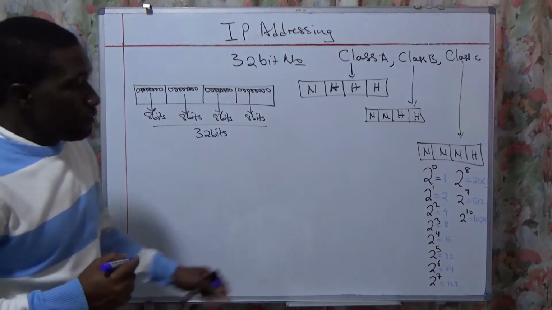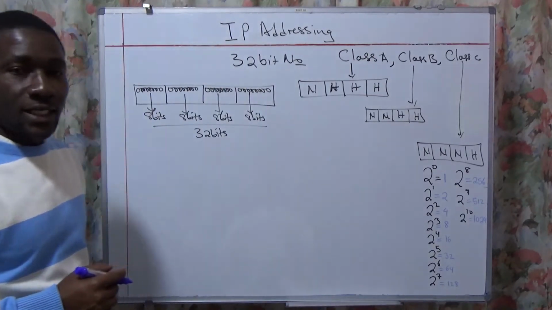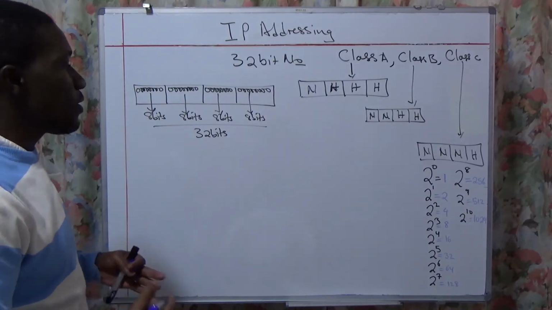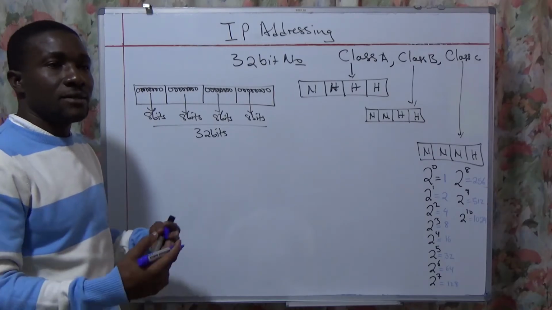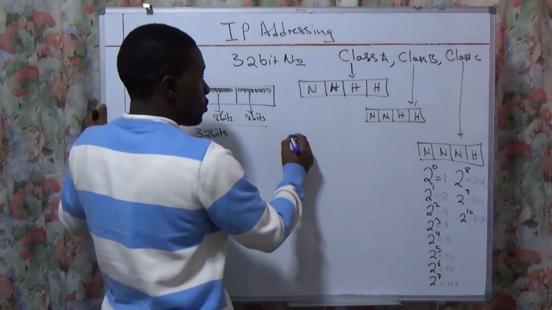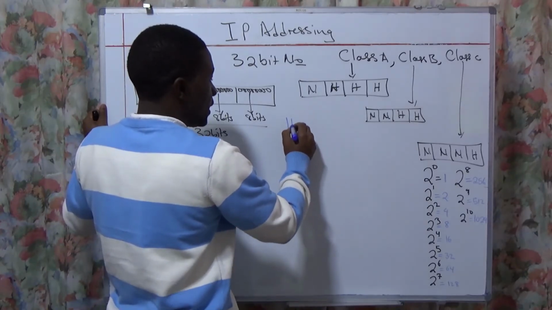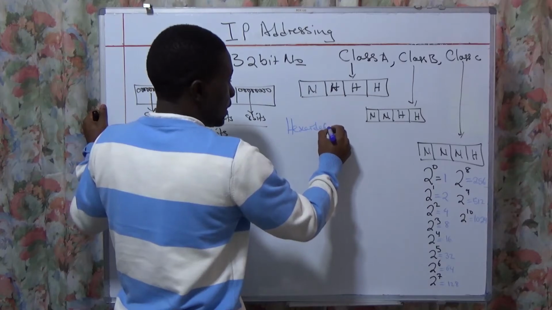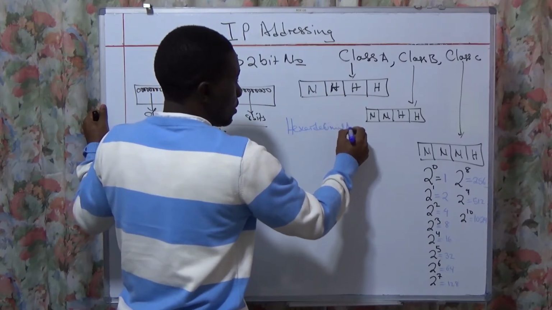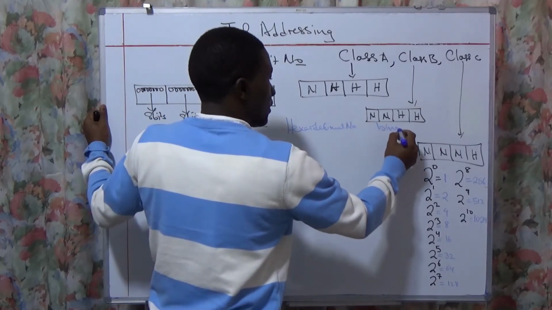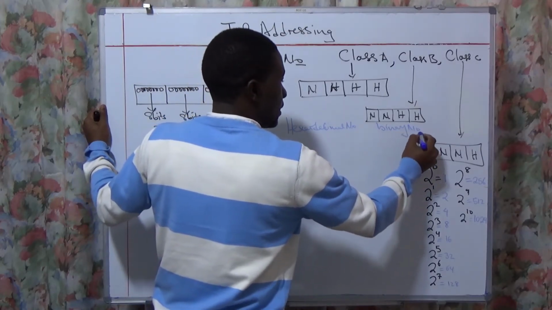Now, from this understanding, we shall also try to understand how a computer understands binary. So we shall have what we call the hexadecimal numbers and then the binary numbers.